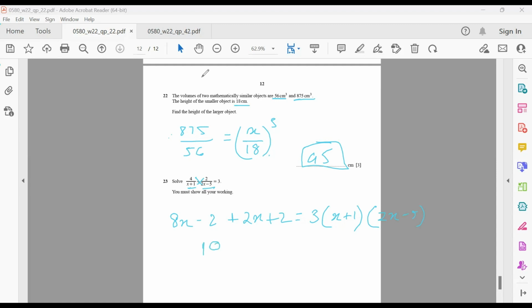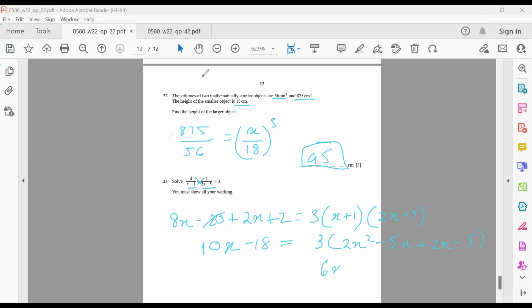So this will give you 10x minus 18 is equal to, let's just do this, x into 2x, so that becomes 2x squared, x into minus 5x, and then plus 2x minus 5.